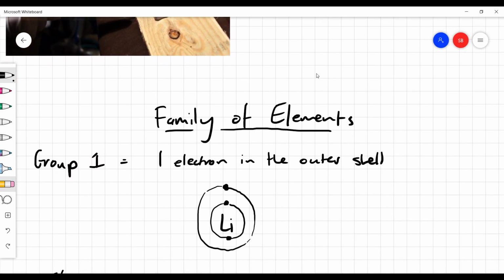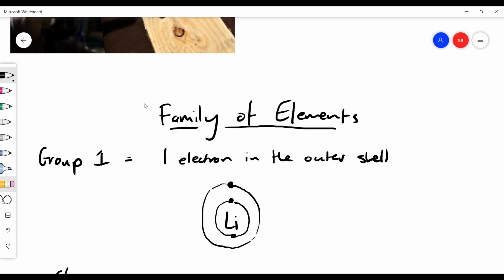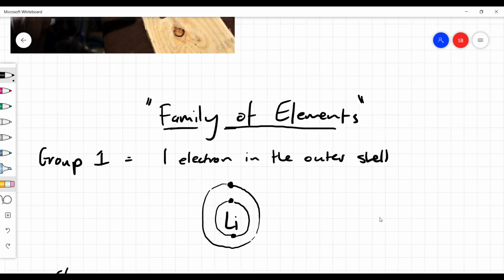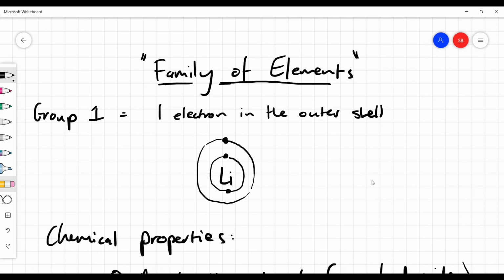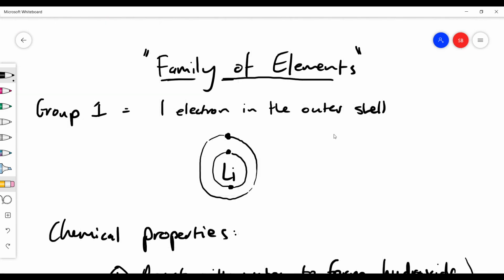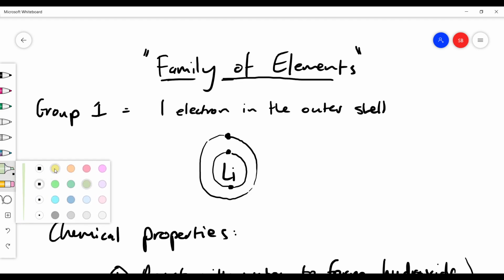So something that you might come across in this topic is that these alkali metals are called a family of elements. The reason why they're called this is because all of them share one chemical property. Now, one chemical property is this wonderful thing over here. Let's get the highlighter out. I wonder if I can change the color. I like yellow. Yellow, there we go.